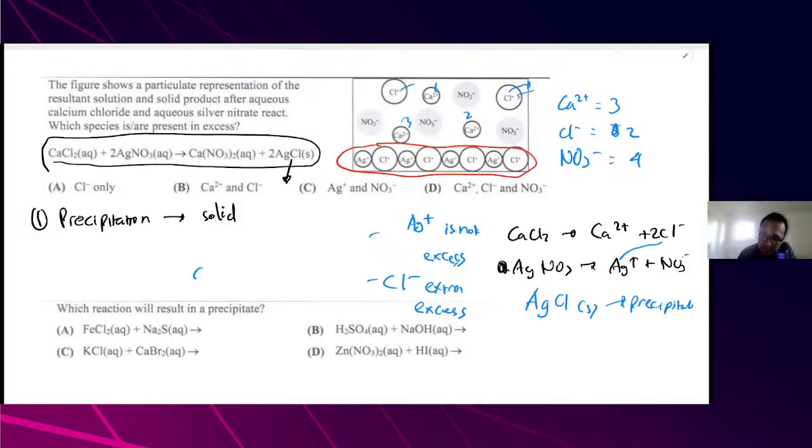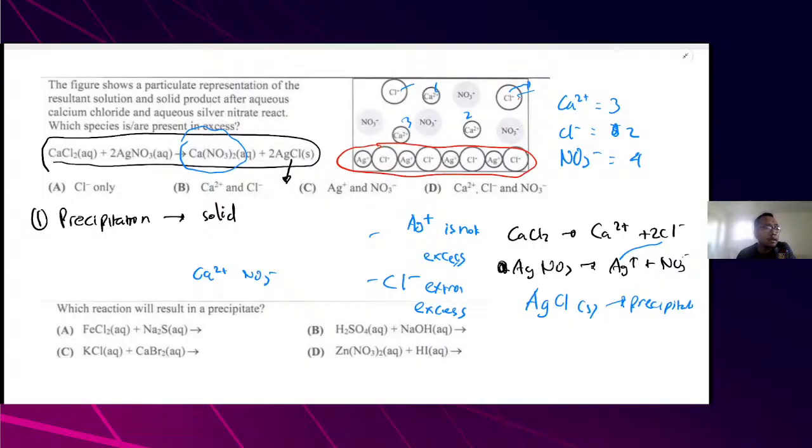How about the Ca2+ and NO3 minus? Both are spectators and remain in solution. There is no change over here. So the only thing that changes is Cl minus.